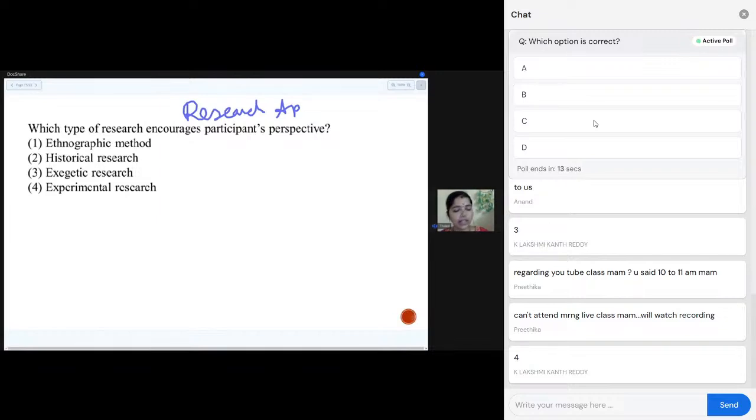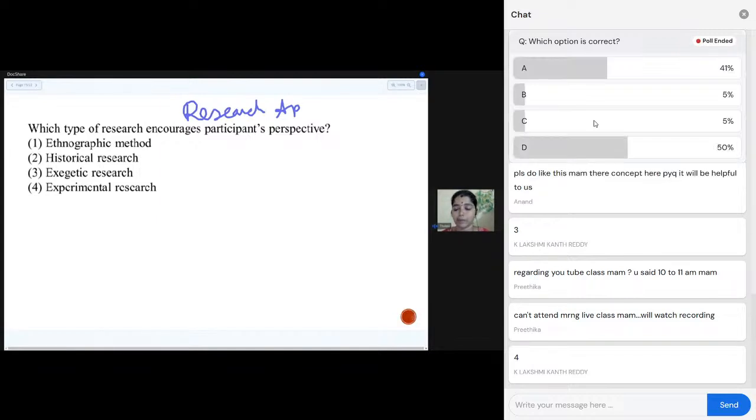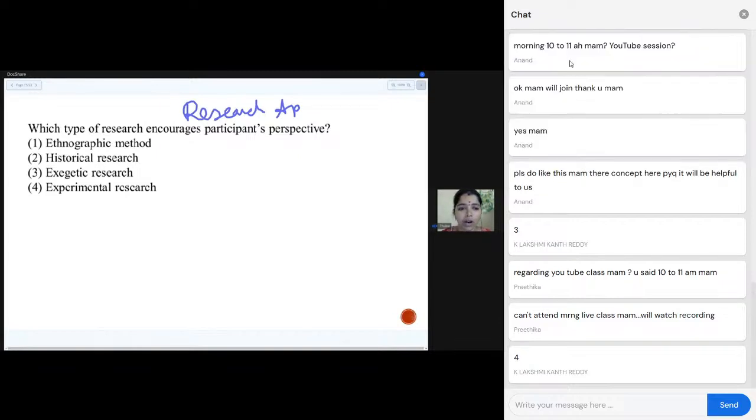Don't answer in the chat box. Try to answer in the poll so that it will be useful. Participants' perspective. Do you understand the word perspective? There's a confusion between option A and option D. See, what do you mean by participant perspective?